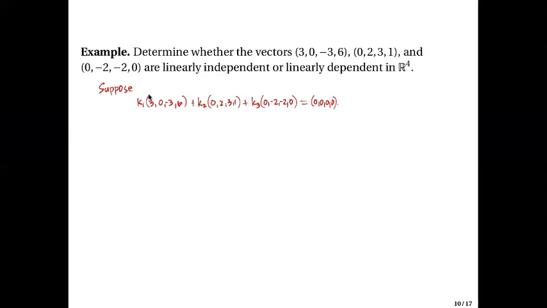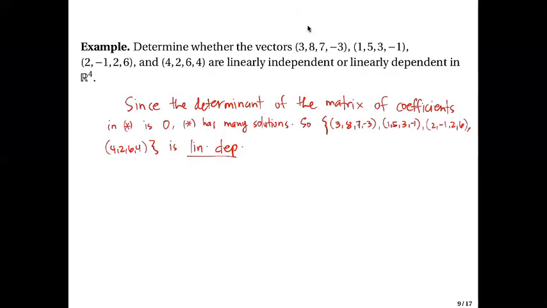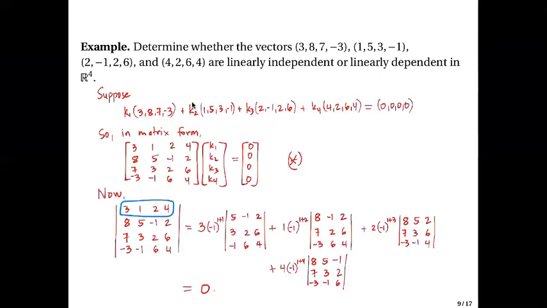Now, look at this. You have 4 components in each vector, but you only have 3 vectors. So you only need 3 scalars. Unlike in the previous example, where you have 4 vectors and 4 components, which means you can write the matrix equation and get a square matrix.